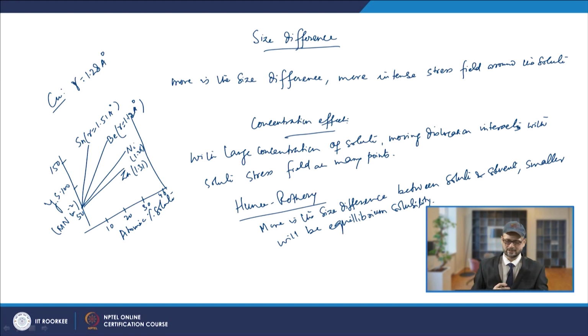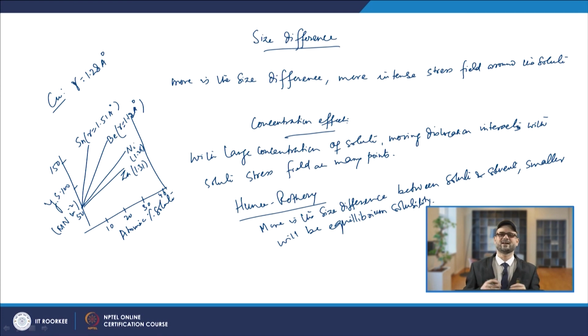As you know, the size of carbon is very small, and it is comparable to the size of the void in the iron matrix. In the lattice structure of iron, you have two types of voids, tetrahedral and octahedral.